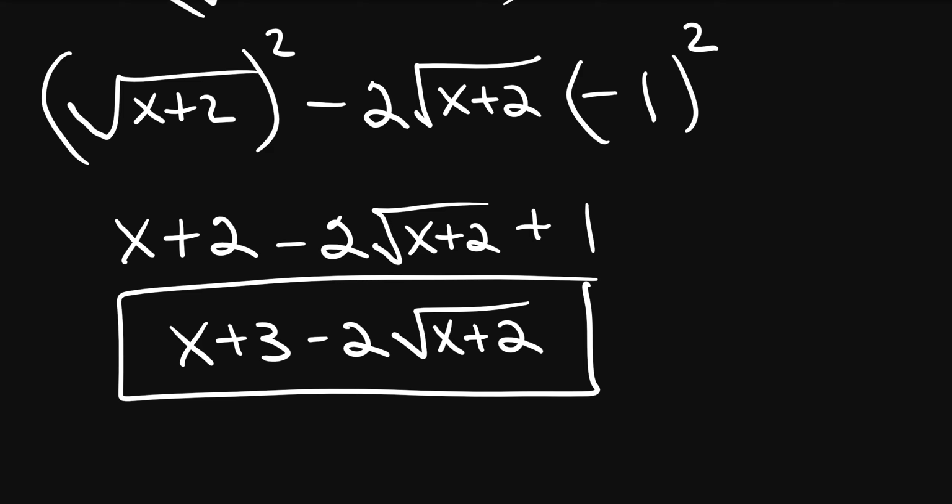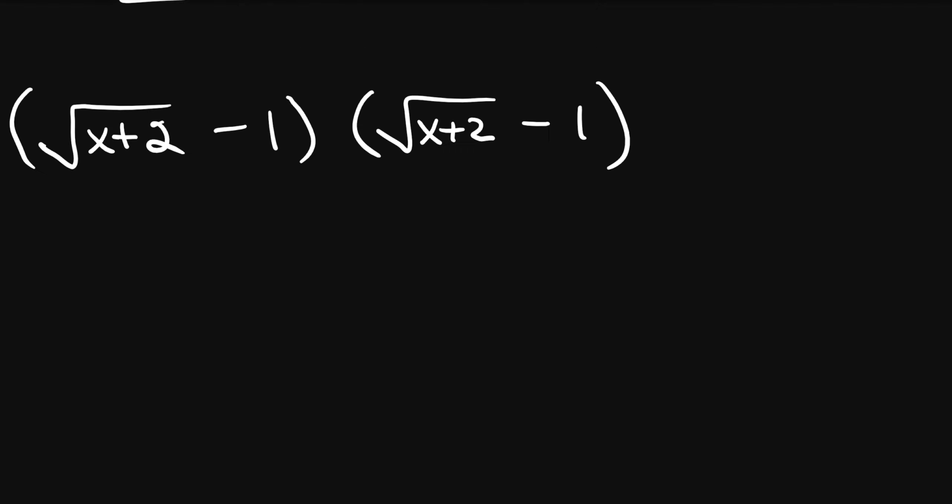Okay. If I expand it and do it, let me take a moment and rewrite it, then I'll be right back. Okay, here is the other method, the longer way, or FOIL, and let's FOIL it. So I've got my first, the square root of x plus 2 times the square root of x plus 2, which is just x plus 2.